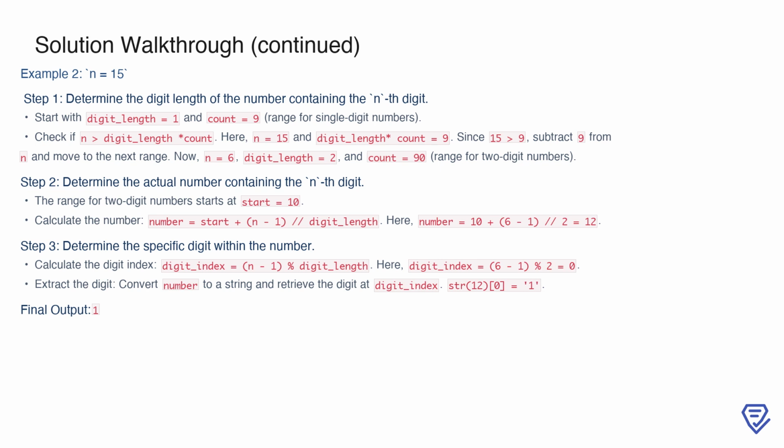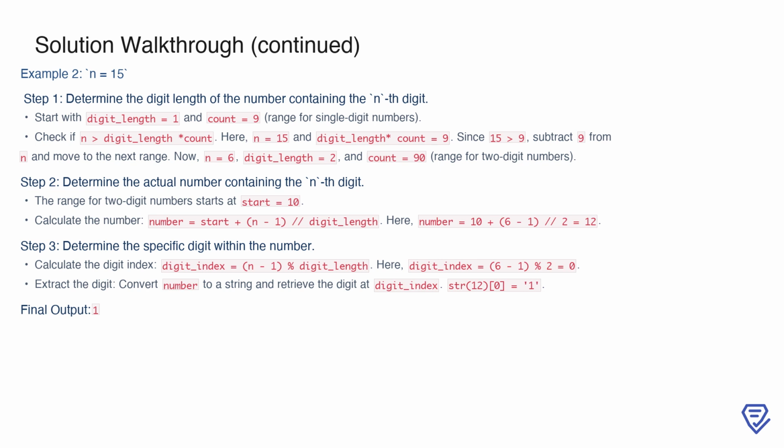For the next example, we want to find the 15th digit. We begin by determining the digit length of the number containing this digit. Starting with a digit length of 1 and a count of 9, we calculate the total digits in this range as 1 times 9, which equals 9. Since 15 is greater than 9, we subtract 9 from 15, leaving us with 6.